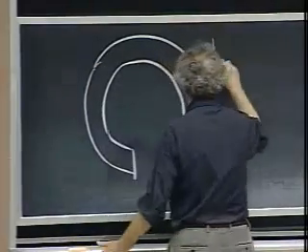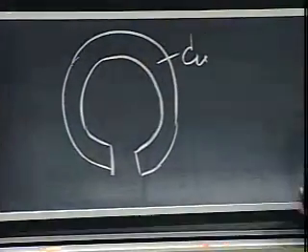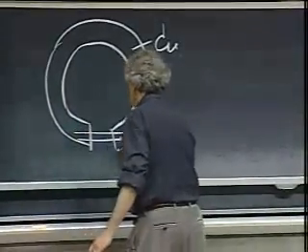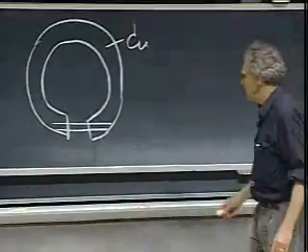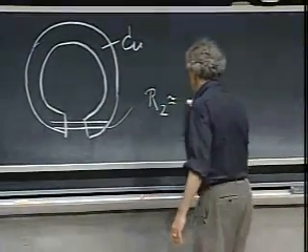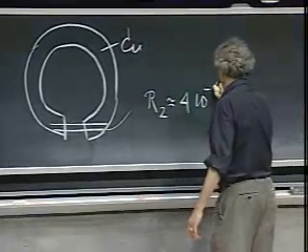This is copper, and I put here a nail, an iron nail, and the resistance of this iron nail is about 4 times 10 to the minus 4 ohms.